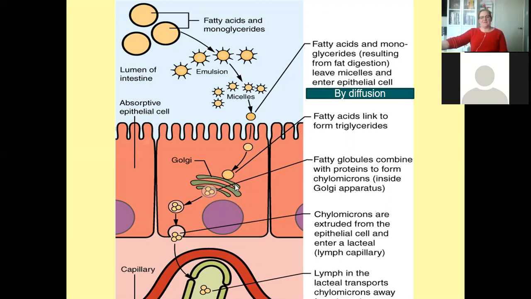As you can see, we've got vesicles being formed there. The chylomicrons are extruded from the epithelial cell and then enter a lacteal, the lymph capillary, by exocytosis. The lymph in the lacteal transports chylomicrons away from the intestine.